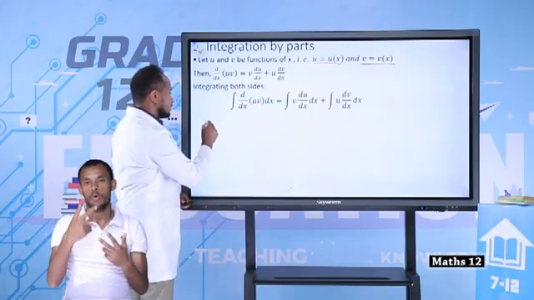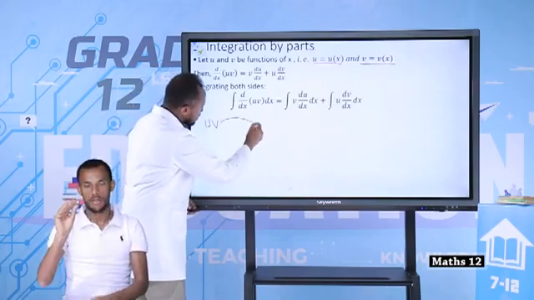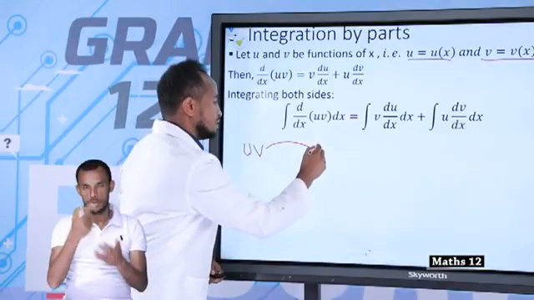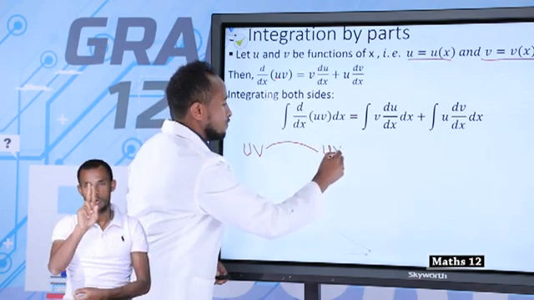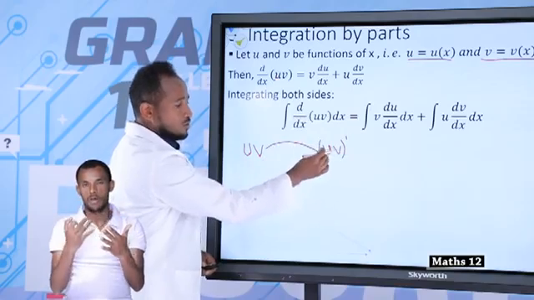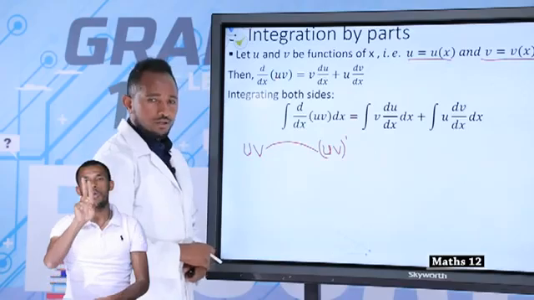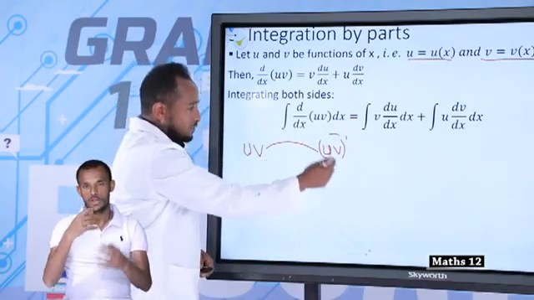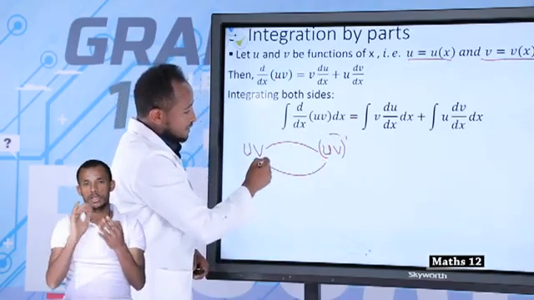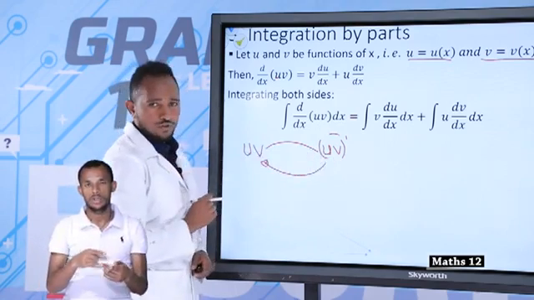You have u times v here, and its derivative is d by dx of uv. So the integral of this expression is simply the reverse process, which is uv.